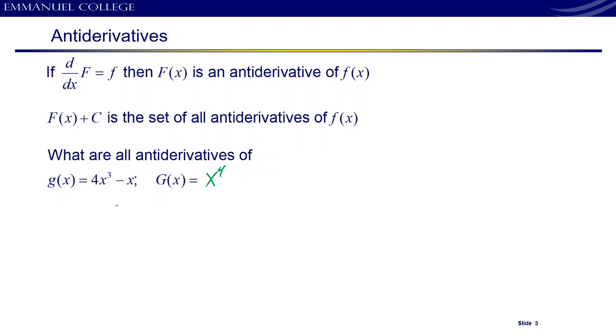Good. What about now minus x? I'm going to use the fact that derivatives are linear, and I'm just going to worry about the antiderivative of x. Well, this is x to the 1st, so it would have to have been x squared beforehand, right?